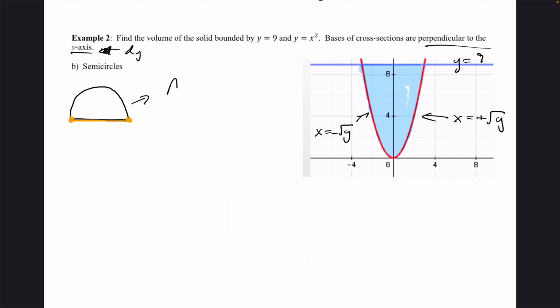Area of semicircles is 1/2 pi r squared. So our volume formula needs to have a 1/2, needs to have a pi, and it needs to have an r squared. Those semicircles are going to extend from perpendicular to the y-axis, from there to there.